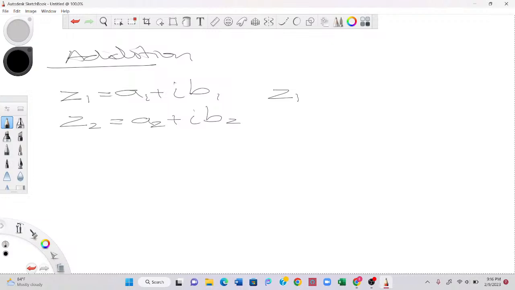Okay. So assuming we are adding Z1 plus Z2, that will become A1 plus iB1, that is for Z1, plus A2 plus iB2.